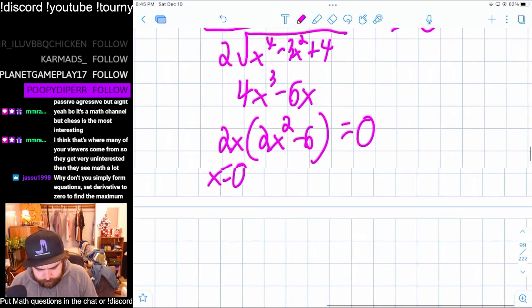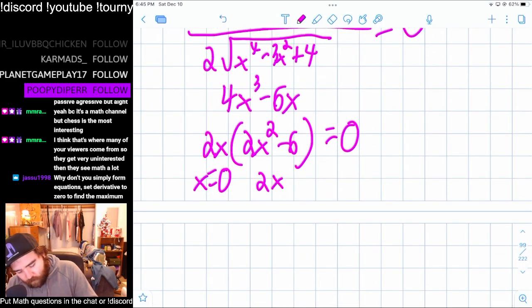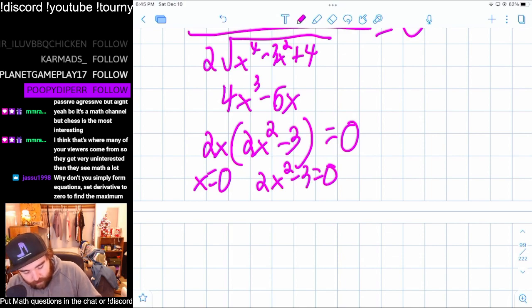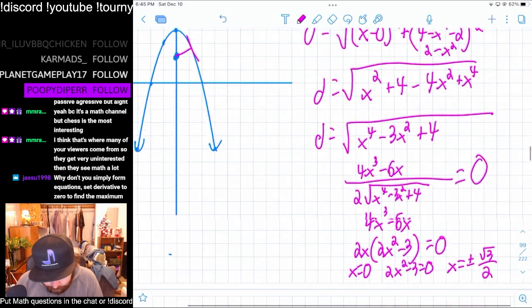And we factored out the 2, so that's supposed to be 3. 2x squared minus 3 equals 0. So here we get x equals plus or minus root 3 over 2.